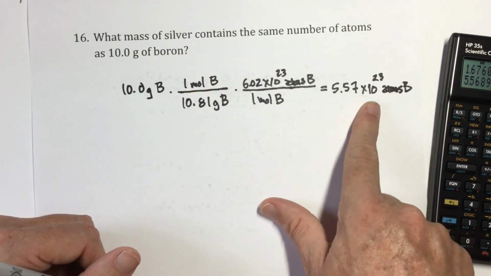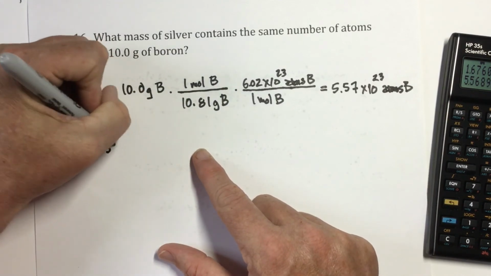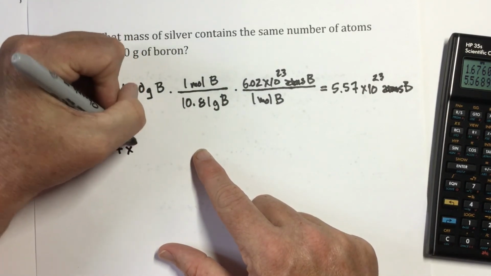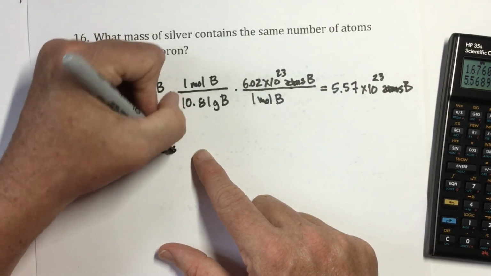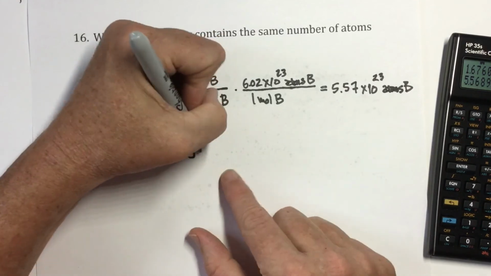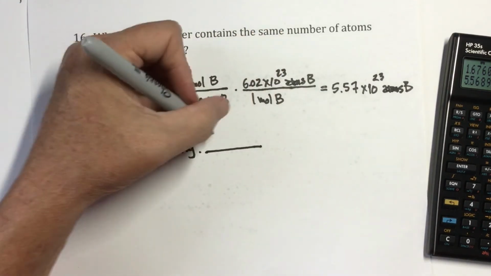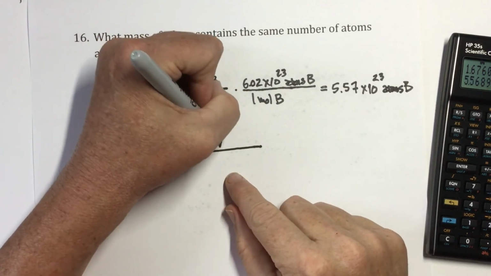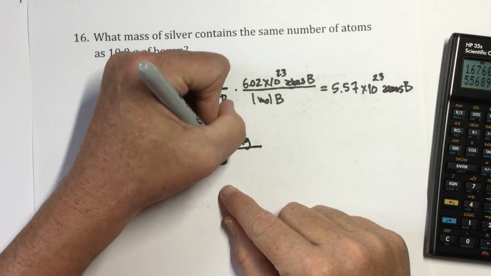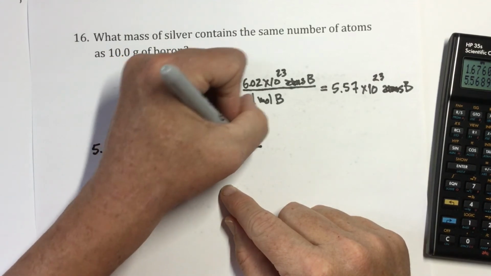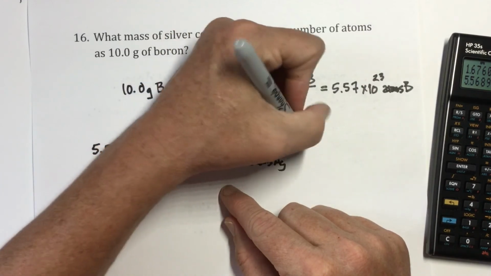Well, I'm going to take that number of atoms of silver, so let's go with that. 5.57 times 10 to the 23 atoms of silver. And I will convert that to moles, because I know that 1 mole of silver contains 6.02 times 10 to the 23 atoms of silver.